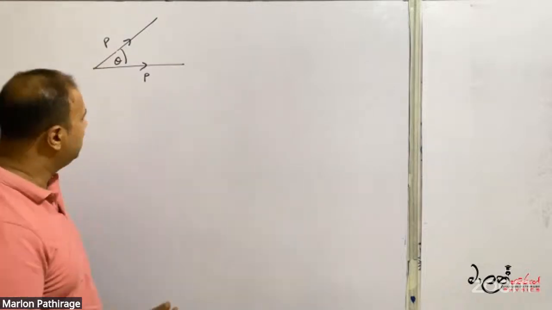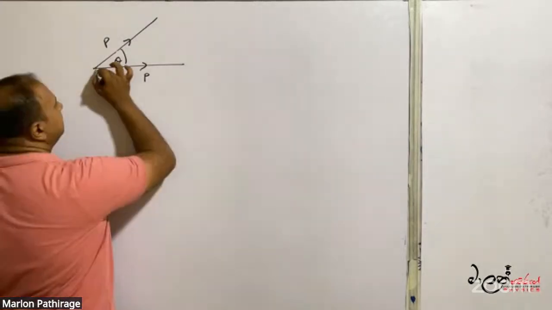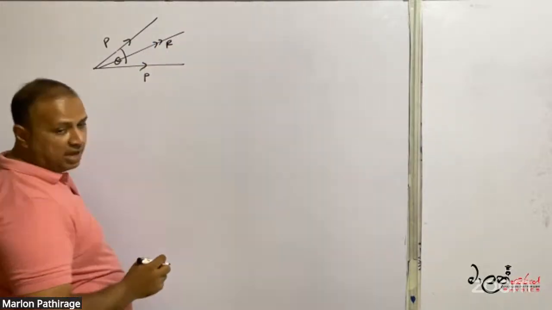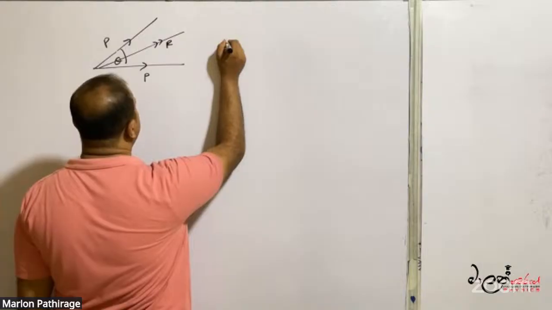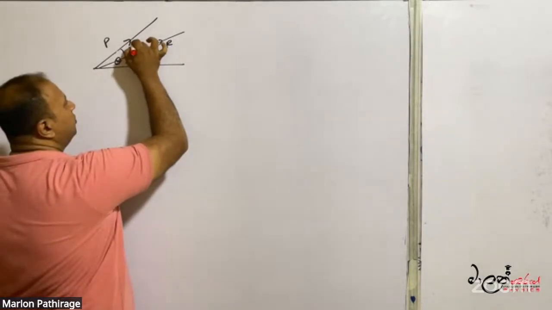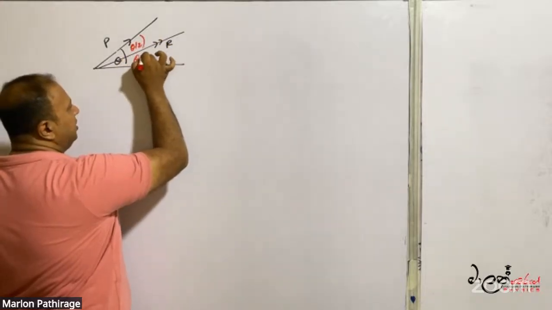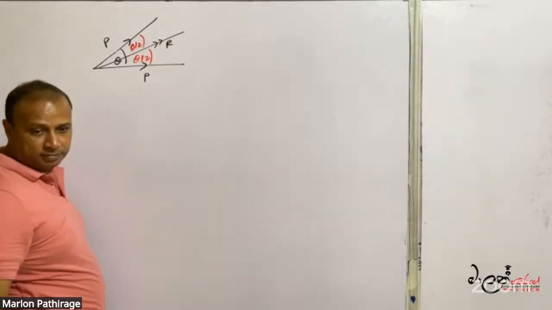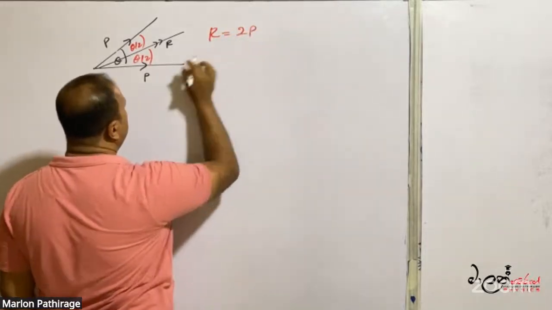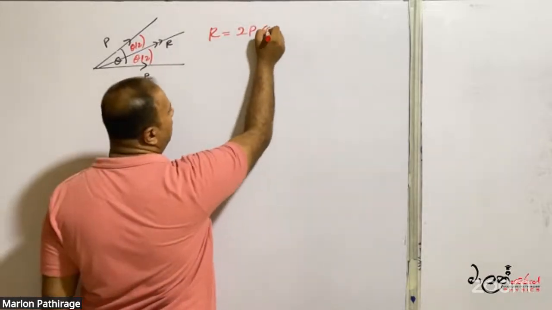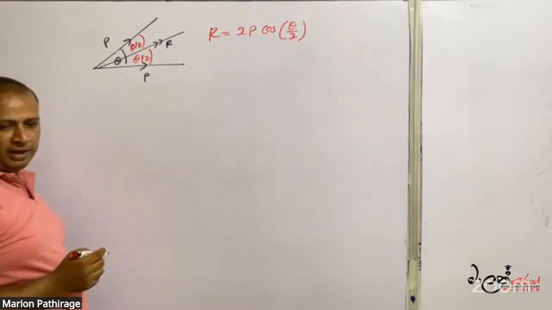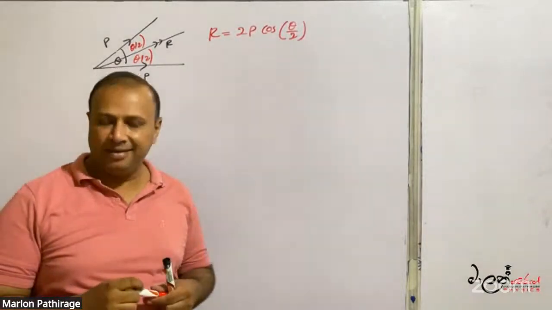Then, if R is the resultant vector, this angle is theta over 2, this one is theta over 2. Then the resultant vector is equal to 2P cos theta over 2. Now we can apply this relationship.